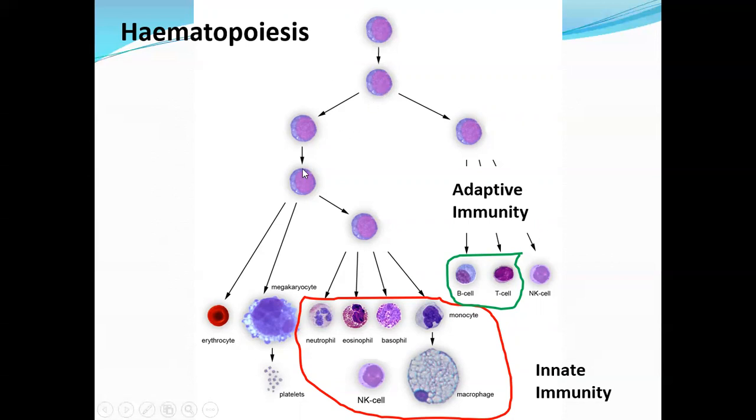Those within the myeloid lineage will differentiate into these three classes: neutrophils, eosinophils, and basophils. These three are grouped together and called granulocytes. They're called granulocytes, obviously, because if you look under the microscope, their cytoplasm is filled with these dark granules.